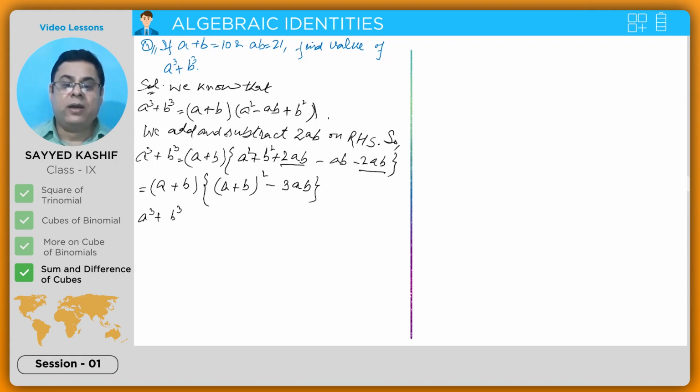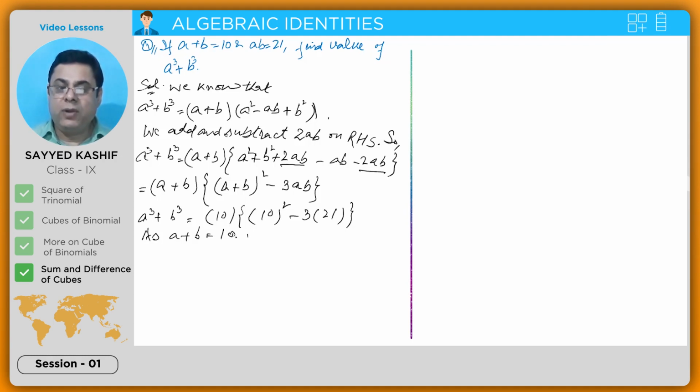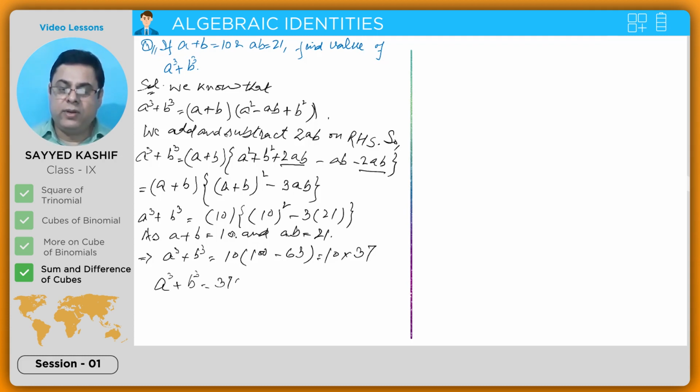Now putting back the values into it, we get a cube plus b cube is equal to 10, that is a plus b, into (10 square, that is (a plus b) whole square, minus 3 into 21, that is ab). a plus b was given as 10 and ab was given as 21. On solving, we reach the solution a cube plus b cube equals 370.